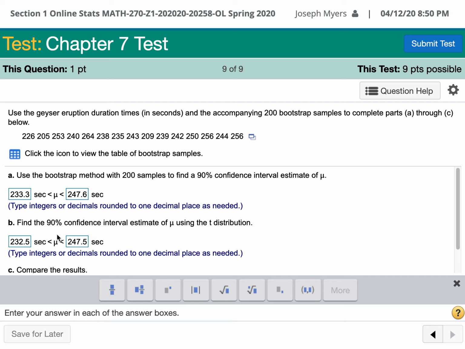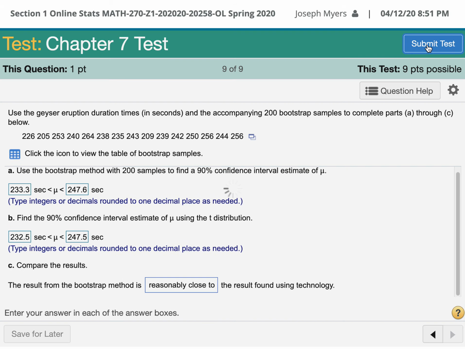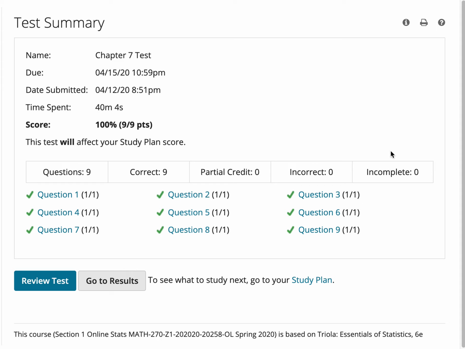But it's easier just to use one sample and then use the distribution that fits that sample. All right, so that's all. And those are your notes for your Chapter 7 test.